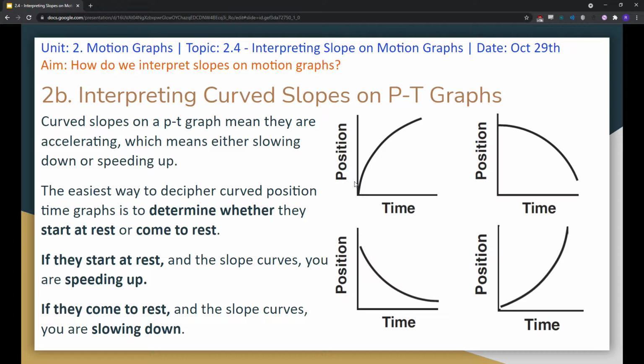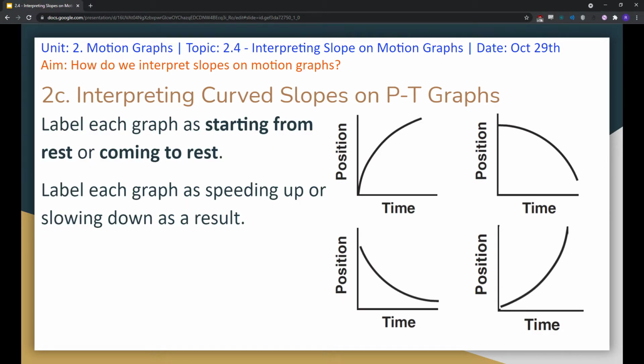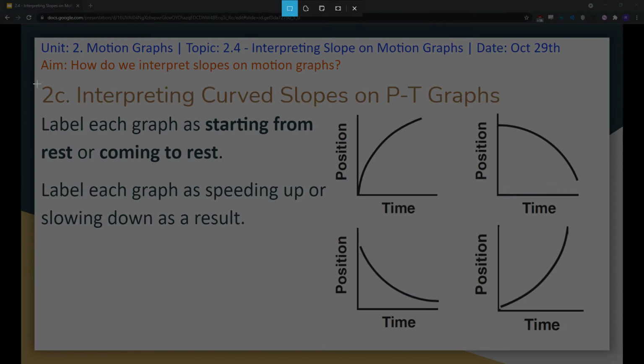If they are starting at rest, which means their initial velocity is 0, and the slope curves, then you're speeding up. Your velocity is changing. If they are coming to rest, that means they are slowing down. So feel free to pause and copy down the notes, and let's do some practice. It's better to do some practice here to figure out what I mean.